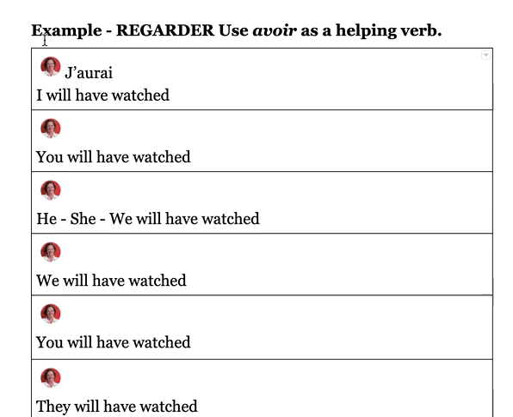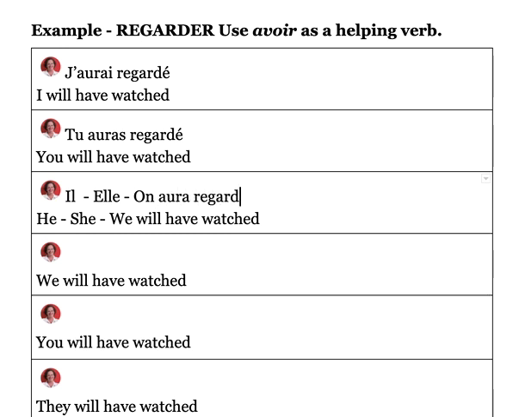J'aurai. See, that's my helping verb in the futur simple. J'aurai regardé. D'accord? You will have watched. Tu auras regardé. He, she, we will have watched. Il, elle, on aura regardé.